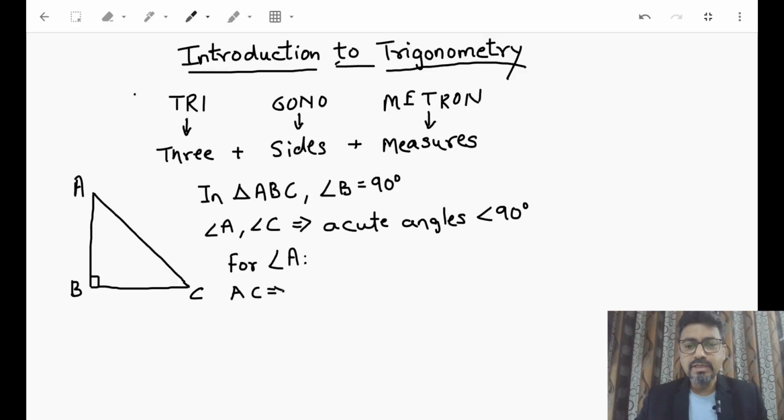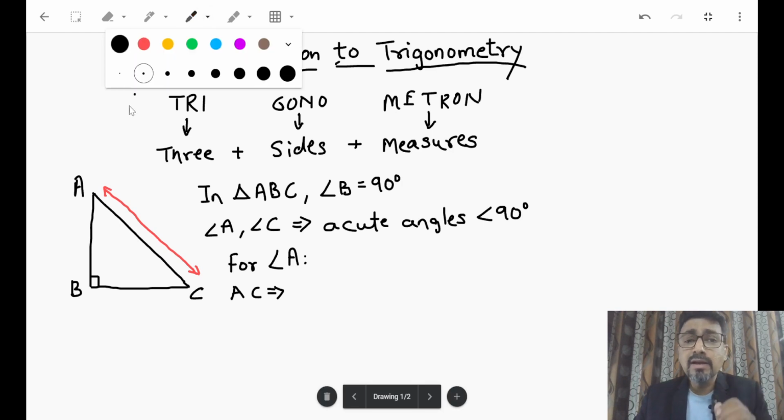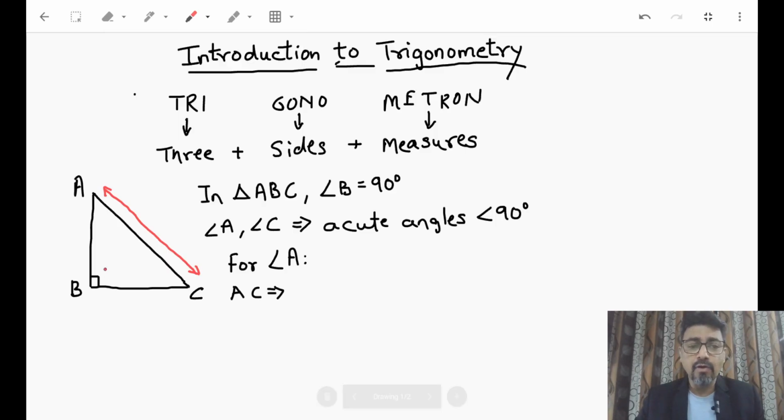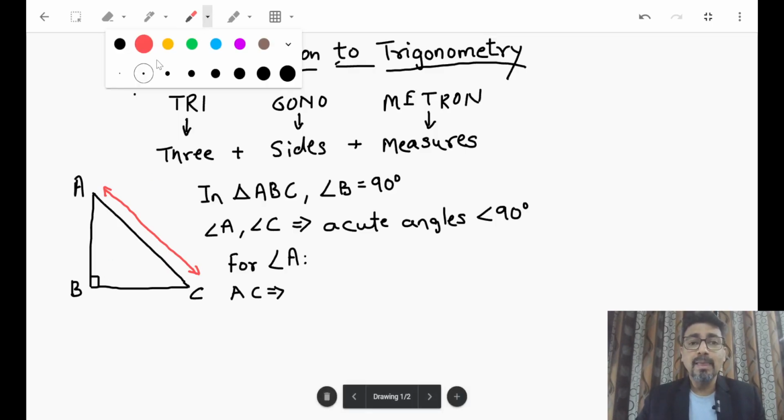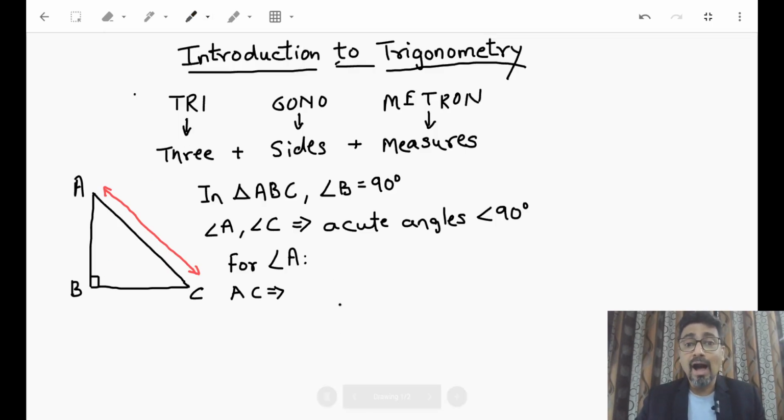Now, if you observe students, side AC is the side which is opposite to the 90-degree angle. In a right angle triangle, what is the side which is exactly in front of or opposite to 90 degree? It is called as the hypotenuse, right? So, AC is the hypotenuse.